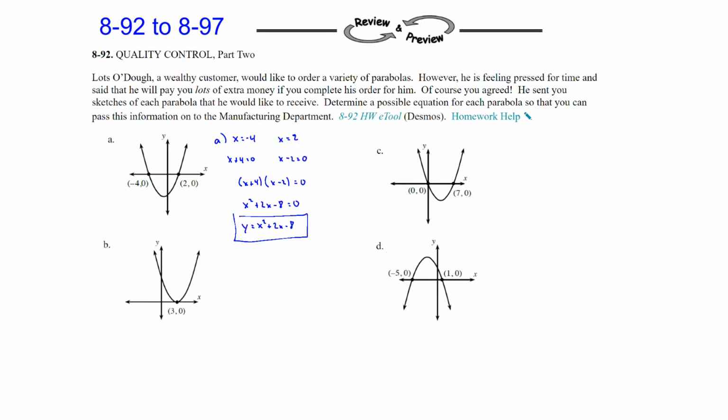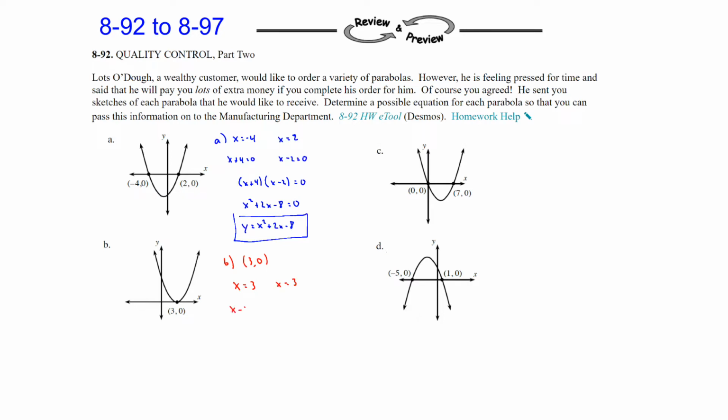Part B, so this one we only have one x-intercept, and since the y-intercept's not labeled, we don't have that either. But what we found out is when a parabola touches the x-axis instead of actually crossing through it, it still gives us 2 of the same factors. So x equals 3 happens twice.